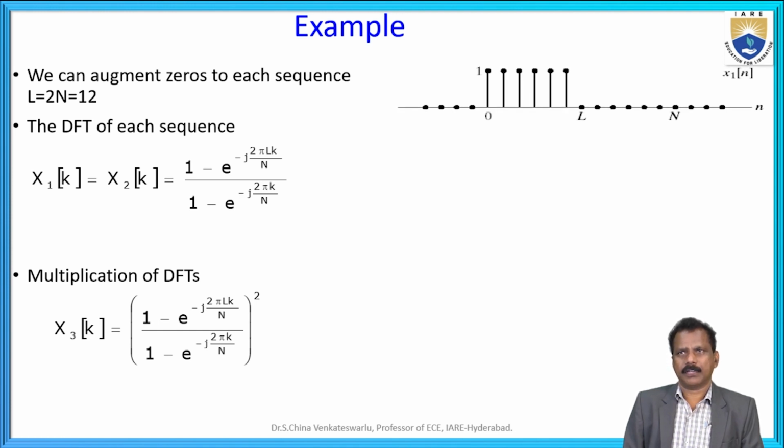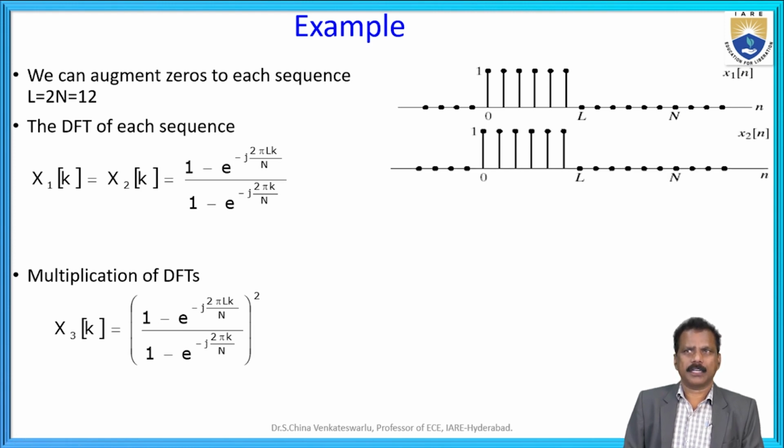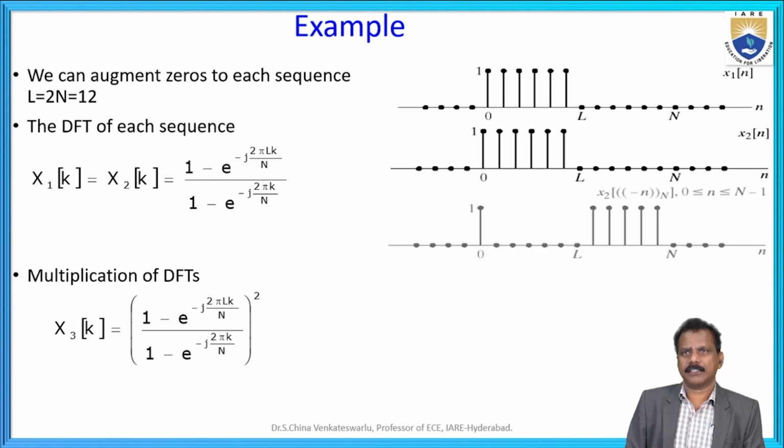So graphically, we try to verify n versus x1 of n like this. See how many samples can be easily analyzed: 1, 2, 3, 4, 5, 6 and L, up to n versus x1 of n. Similarly, n versus x2 of n, like this, how it is shifted, either right shift or left shift, can be easily analyzed.